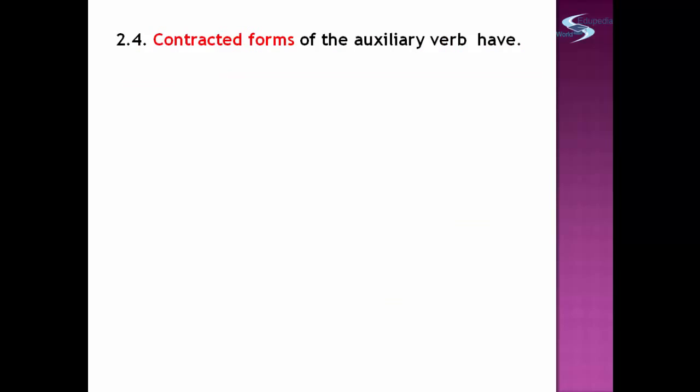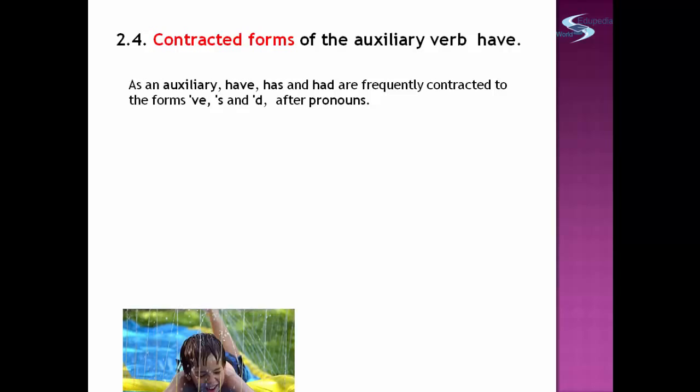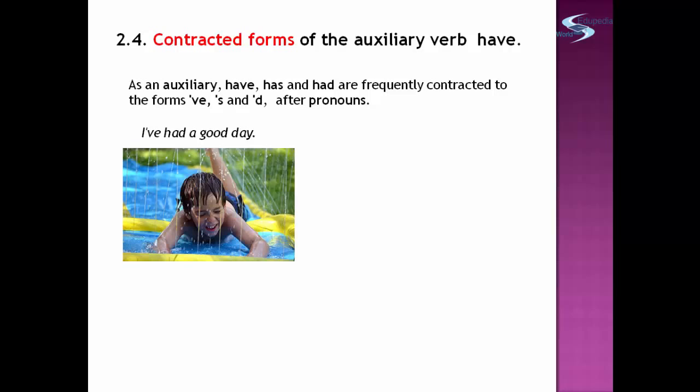2.4. Contracted forms of the auxiliary verb have. As an auxiliary, have, has, and had are frequently contracted to the forms 've, 's, and 'd after pronouns. Let us have an example so that we can read it properly.